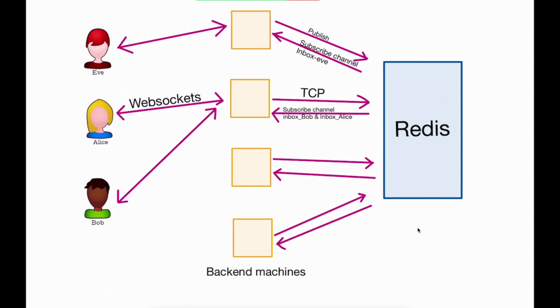So this is how the overall system will look like. That is, you will have multiple users. These users will be connected using browsers, and these users will be connected using WebSockets. So WebSocket will be a perpetual connection.